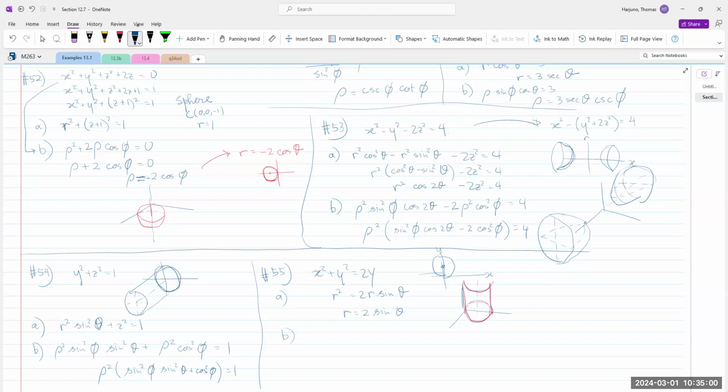And then the spherical will be rho sine phi equals 2 sine theta. If we solve for rho, that will be 2 sine theta cosecant phi.